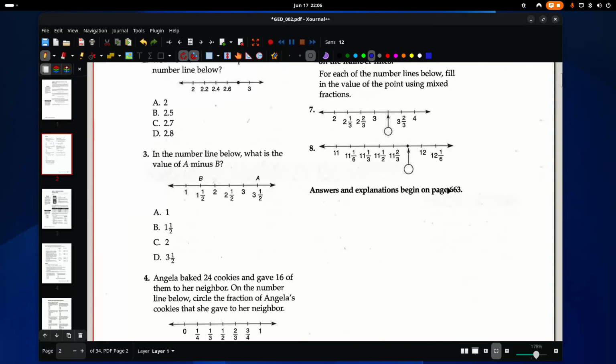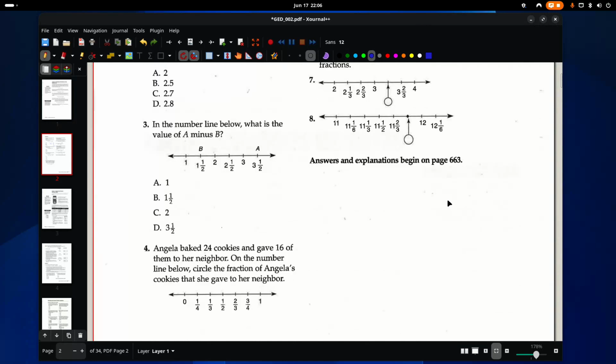Let's try number 3. In the number line below, what is the value of A minus B? So A minus B is equal to, our A value is 3 1/2, and we're going to subtract the B value, which is 1 1/2.